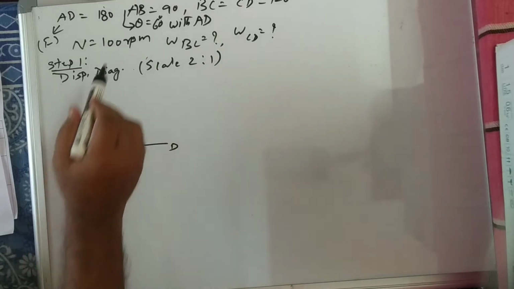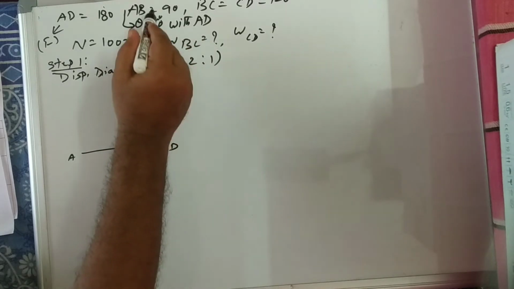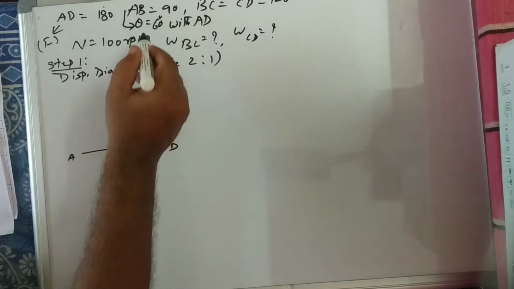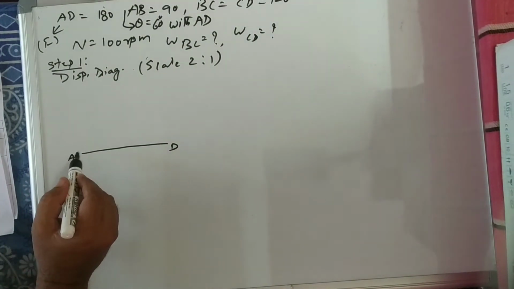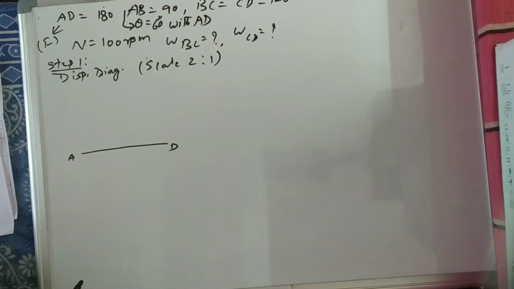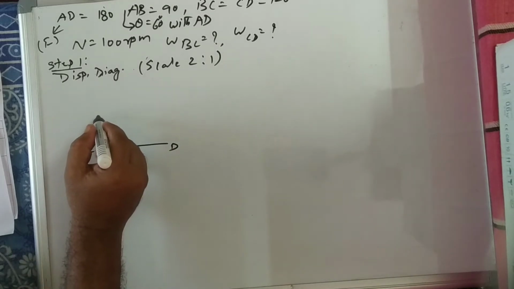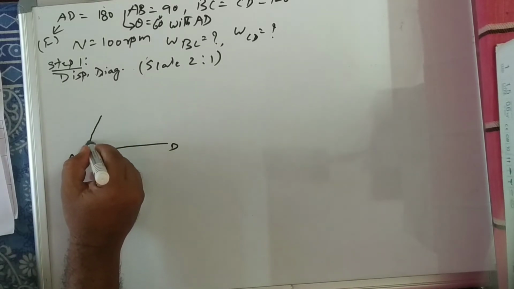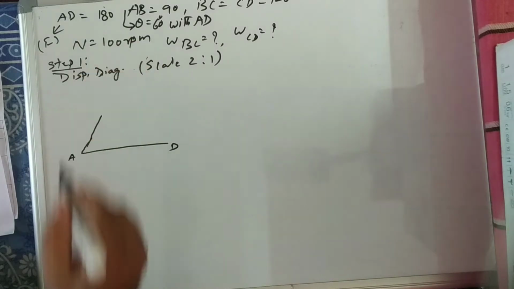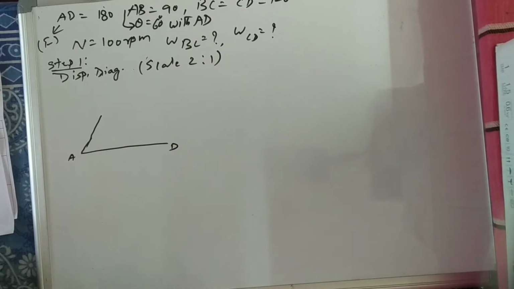The link AB makes 60 degrees with AD. Length is 90 mm and angle is 60 degrees. Therefore, you draw a line at an angle of 60 degrees. Since it is 2:1 scale, the length will be 45 mm.